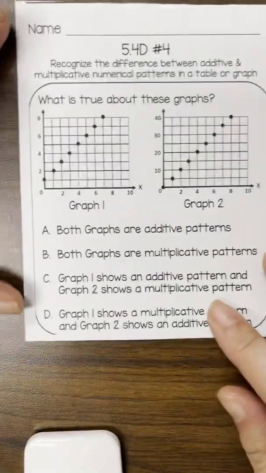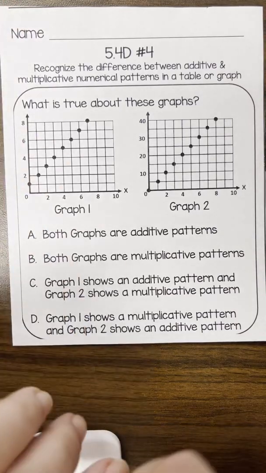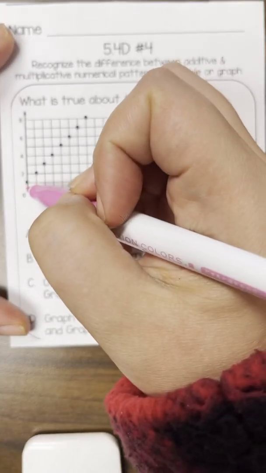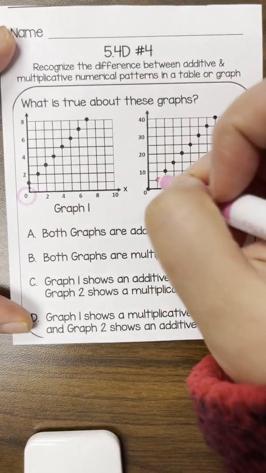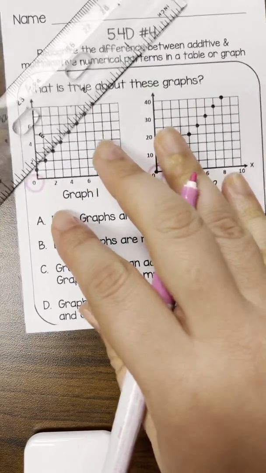Okay. Last one that we have here. Again, very important for you to look at the origin. 0, 0. Okay, again, draw the line.